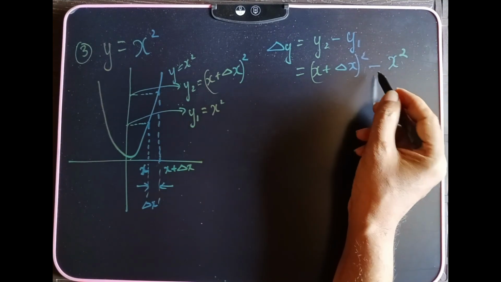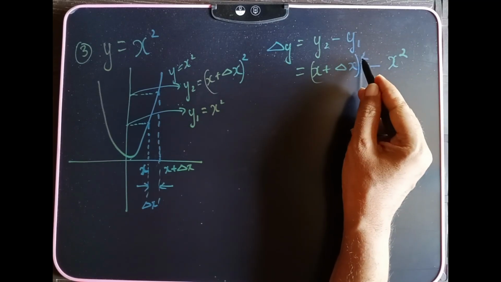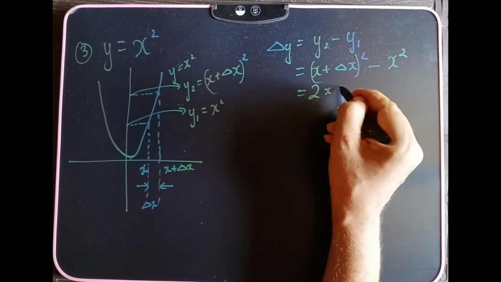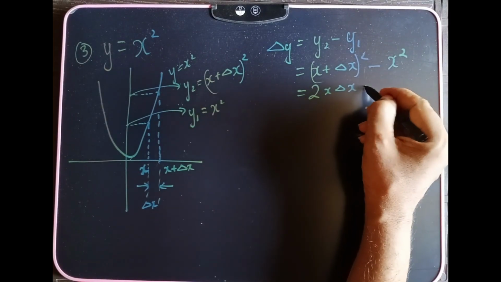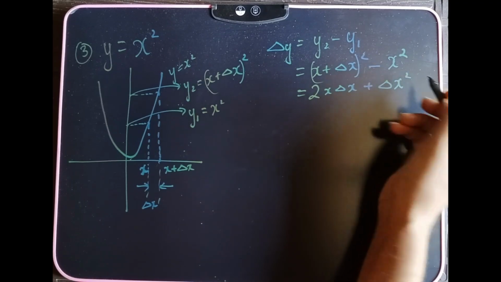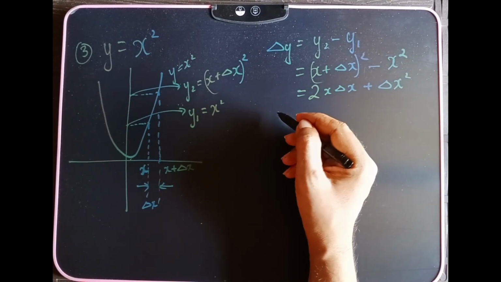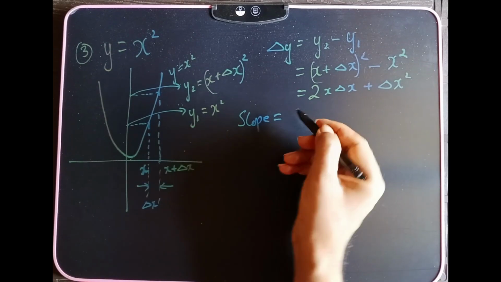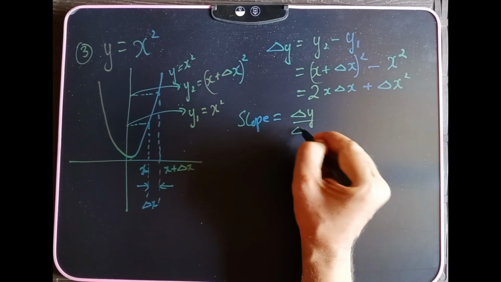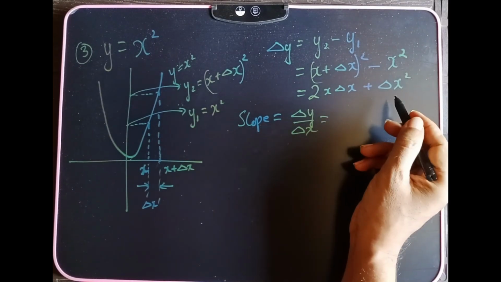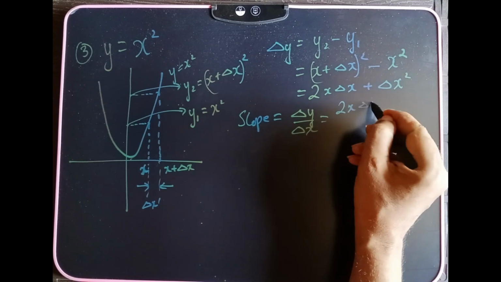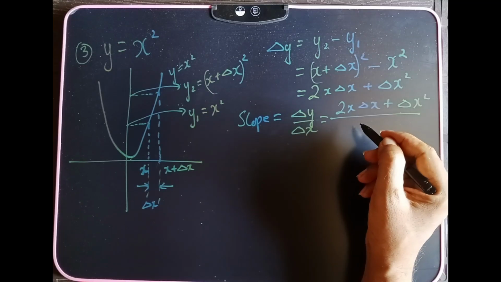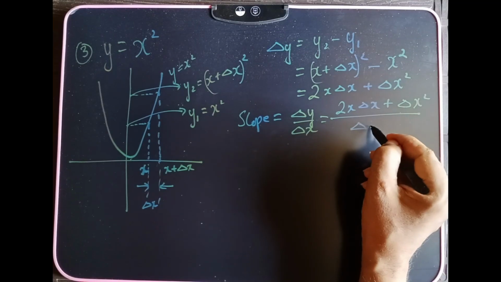So what will you get here? The x square terms will cancel. What will remain is 2x delta x plus delta x the whole square. Now the slope is delta y by delta x, so delta y is 2x delta x plus delta x square divided by delta x.